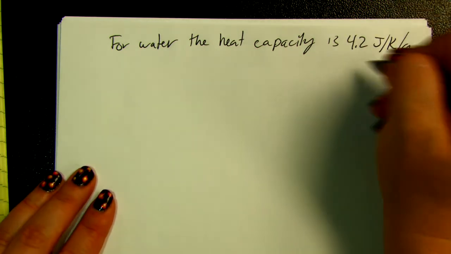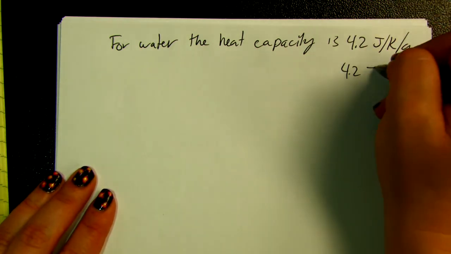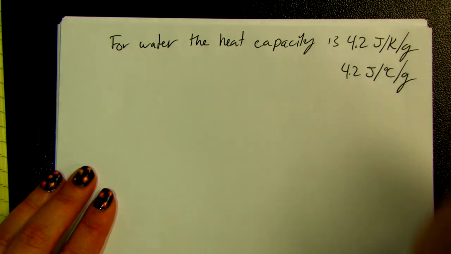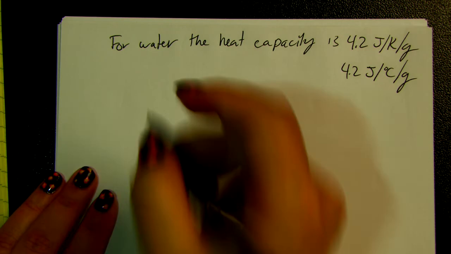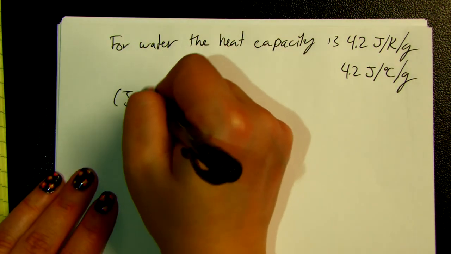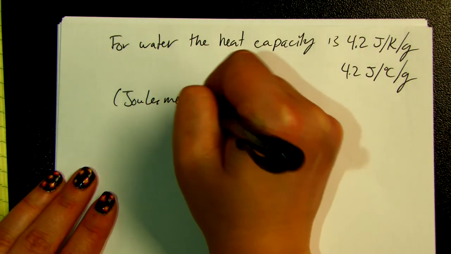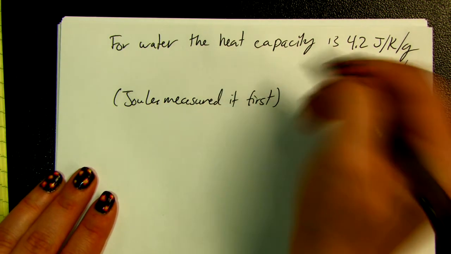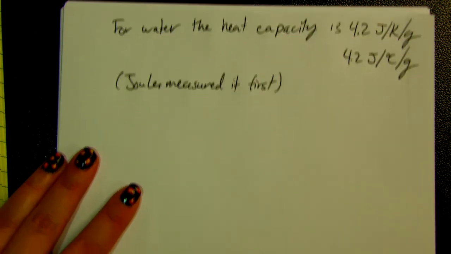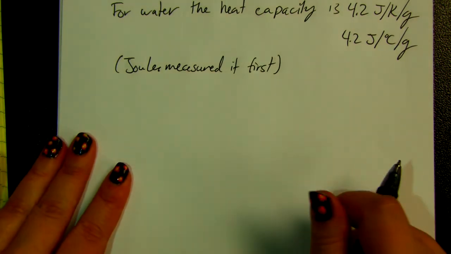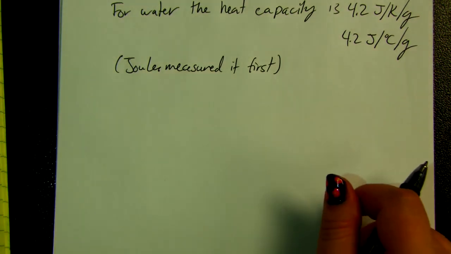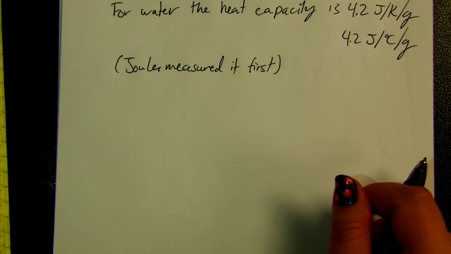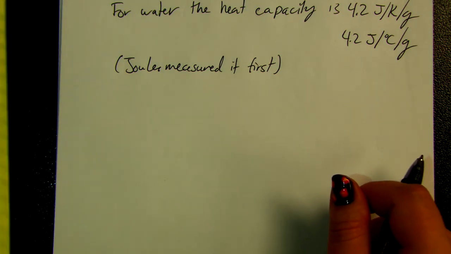It would also follow that this is 4.2 joules per degree Celsius per gram. And Joule measured it first. It's actually a really fun classic paper to read about how he first measured that. Joule was a brewer. He made beer, and as a result, got very interested in temperatures.